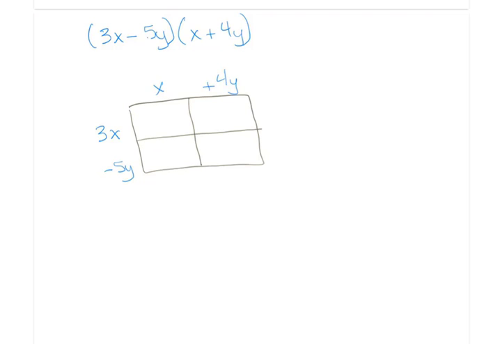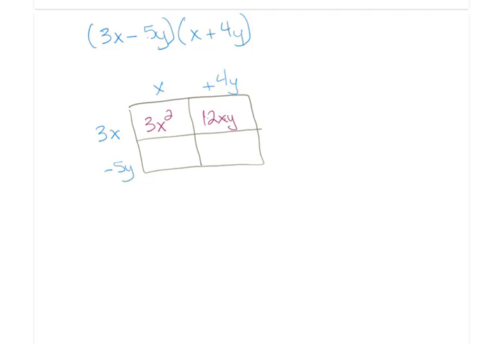So let's fill in the inside. 3x times x is going to give me 3x squared. 3x times 4y. 3 times 4 is 12. X times y is xy.